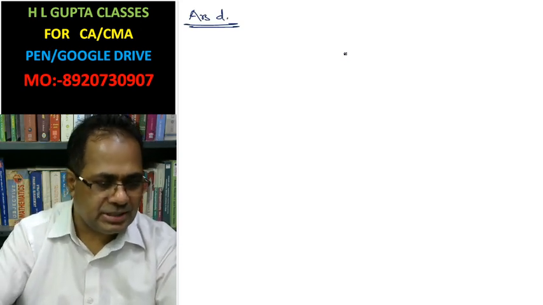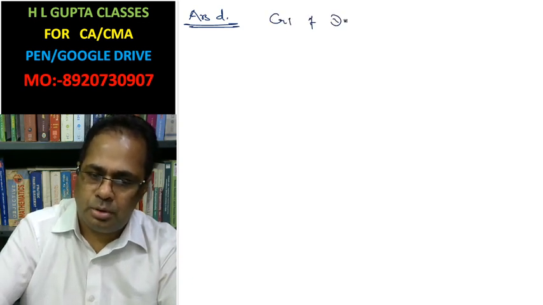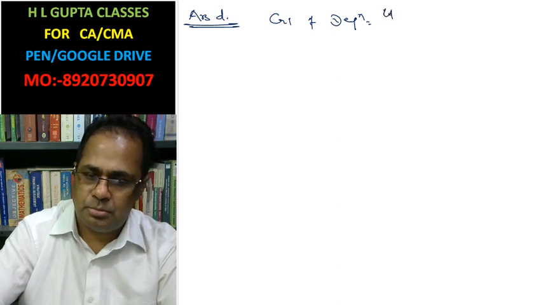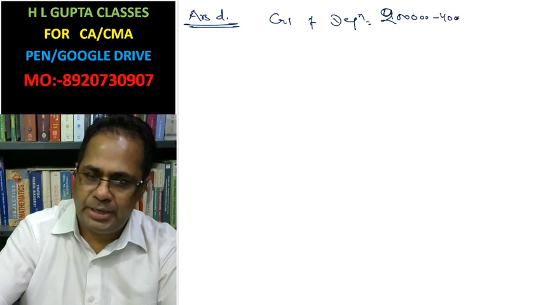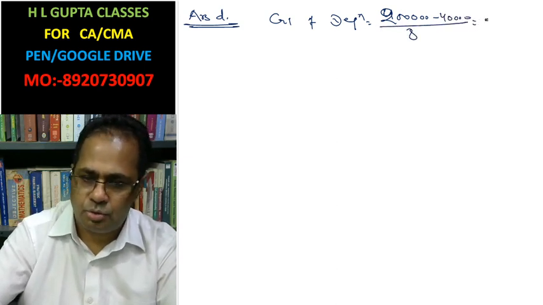Calculation of depreciation: 2 lakh minus 40,000 divided by 8, that equals 20,000.